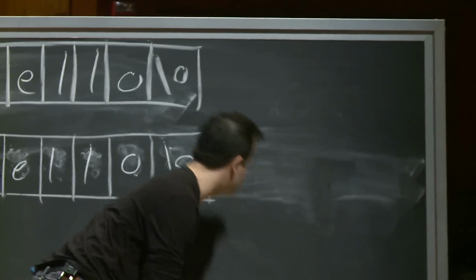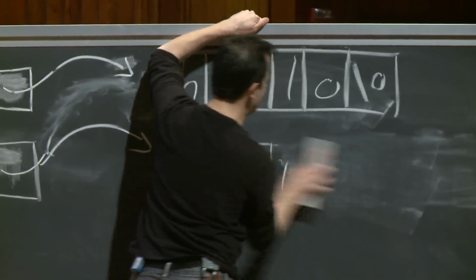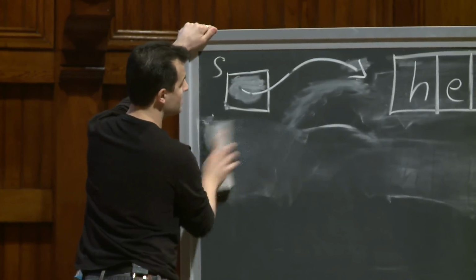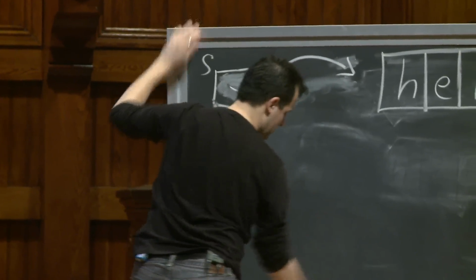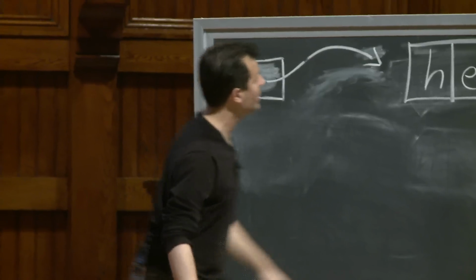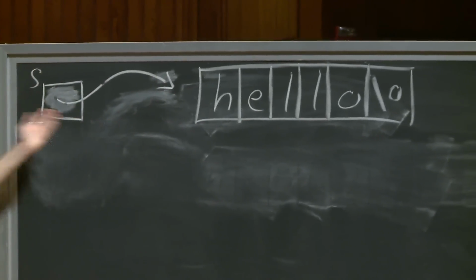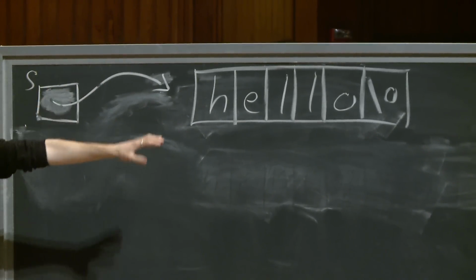Well, now we're using the star in a slightly different way. Let me go ahead and get rid of t, because we're done talking about t and copies of s. Now we just want to tell a story involving s. And so at this moment, after having typed string, our world looks quite like it did before, with just s, storing the address of h, and more generally, pointing at this string hello.